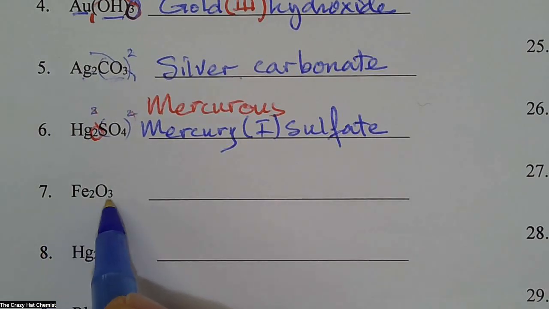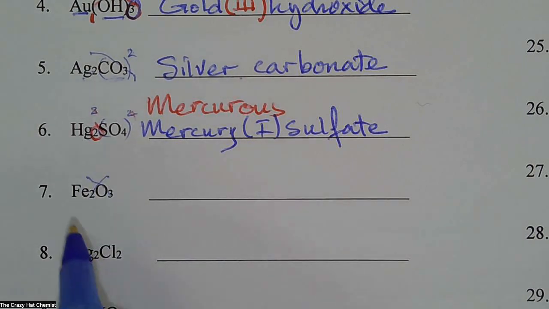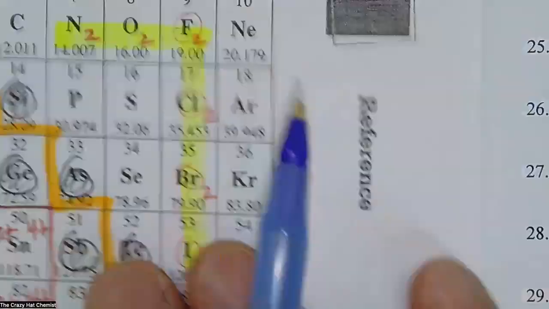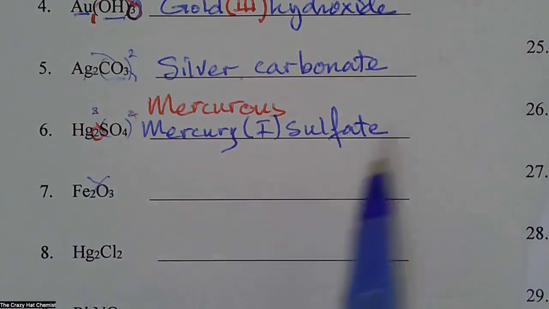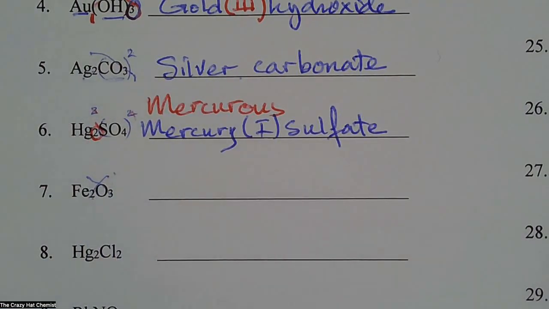We have Fe2O3. If you take the charges, flip them, bring them up, then you should see that the charge on the oxygen is a 2-, and that is the periodic trend charge that you would expect. And oxygen is a 2-. And then iron has two different charges, but this is the charge for the iron here.